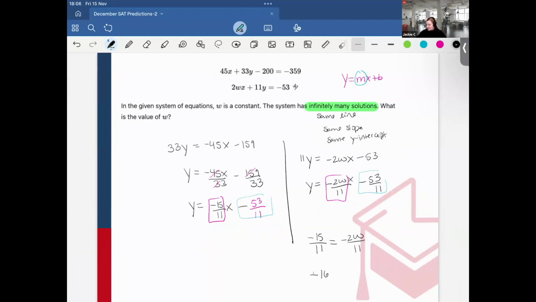So negative 165 is equal to negative 22w, and then divide everything by negative 22. And that will give me positive 7.5 for w, and that would be our correct answer. Oh my goodness, wasn't it amazing?